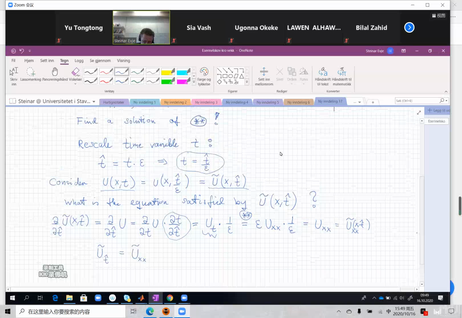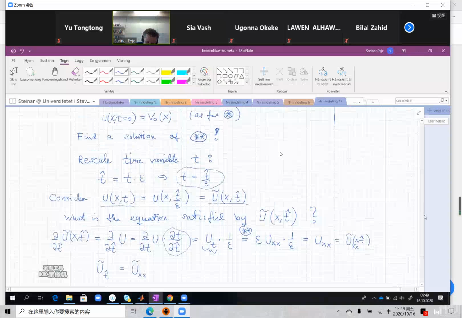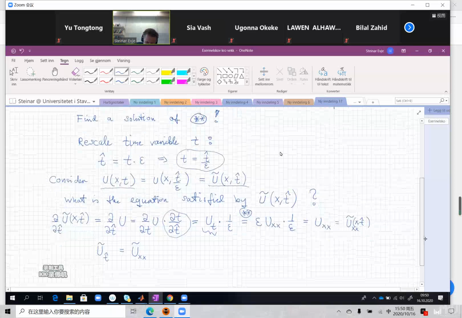And this looks very nice because then we have observed that the effect of rescaling time is that the equation for u tilde contains no epsilon. So this rescaling helped to get rid of this dependence on epsilon.